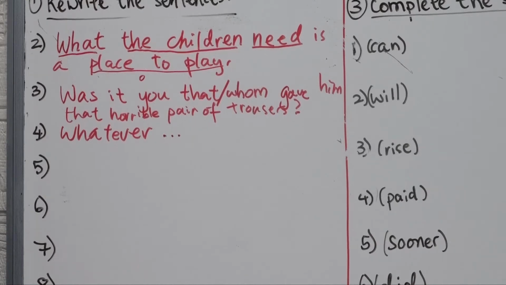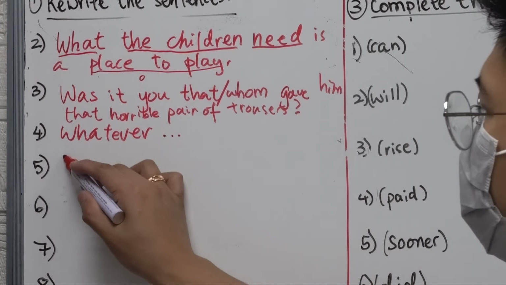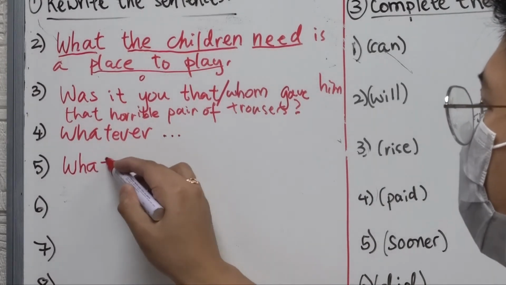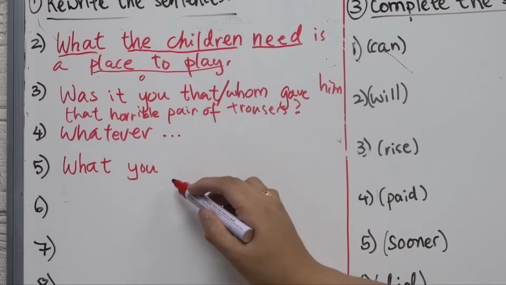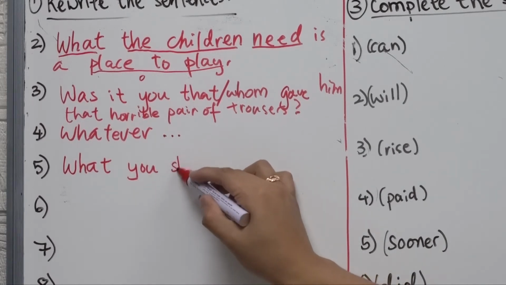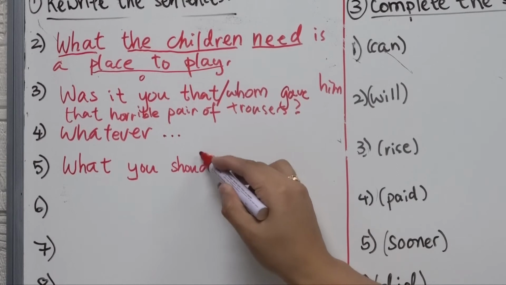You should concentrate more while you're driving. This is a suggestion, right? So, how do we write down suggestions? We already have it in the first question that we've answered. So we just copy the structure down. So how do we write that down? It should be what? And then the subject, you. What you. And then the verb, should. Should do.